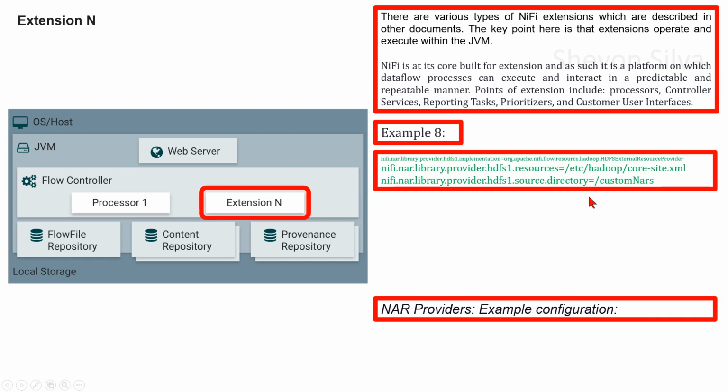Now we are considering the HDFS external resource provider in NAR providers. This is the example configuration. This implementation is capable of downloading files from an HDFS file system.